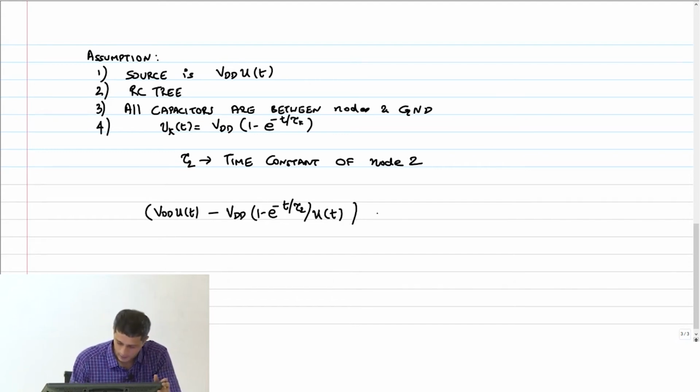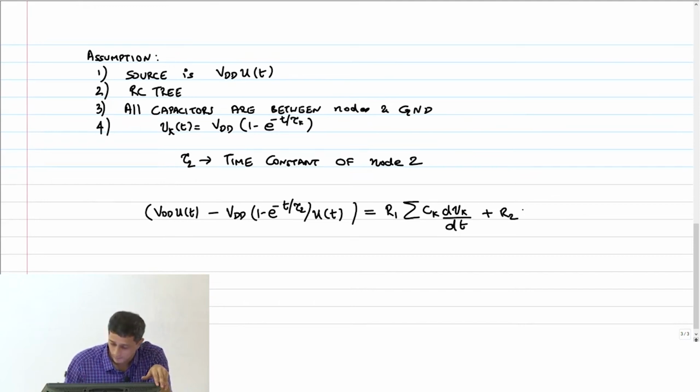This is equal to R1 into summation of Ik. And what was Ik? Each current is just Ck dVk by dt, because the current is through that capacitor by definition. Ck dVk by dt plus R2 into what? C?